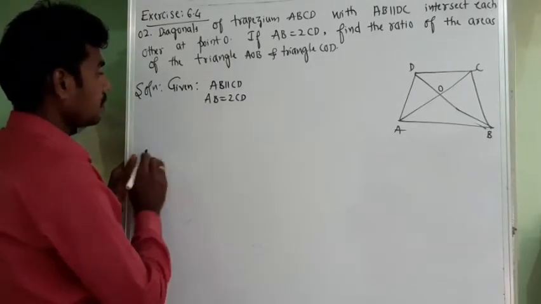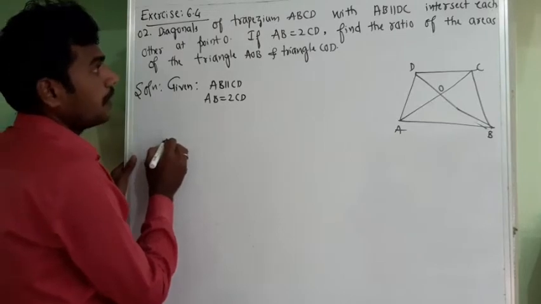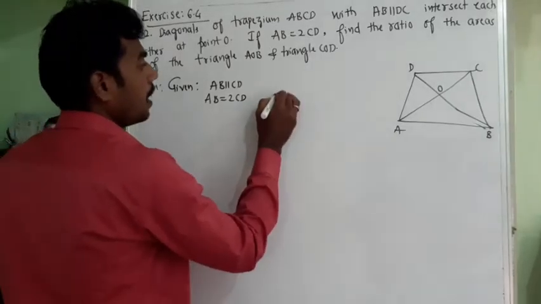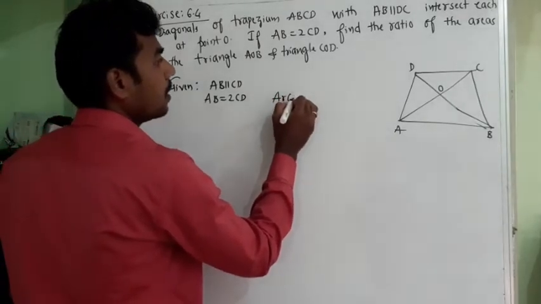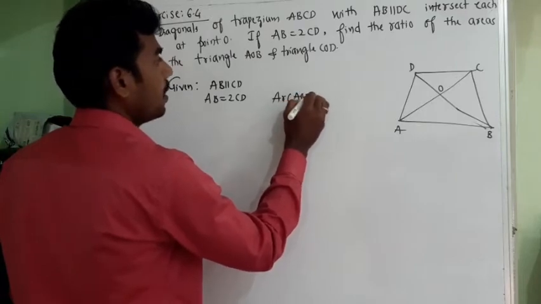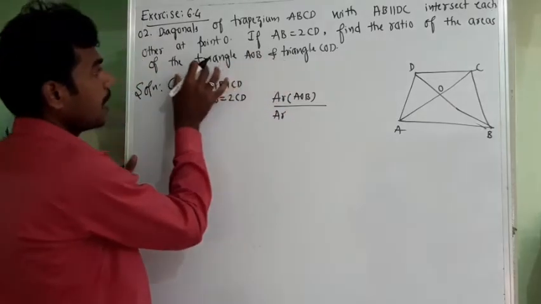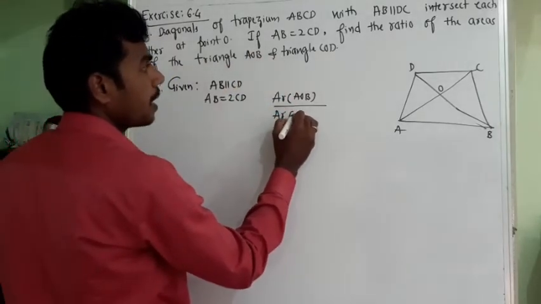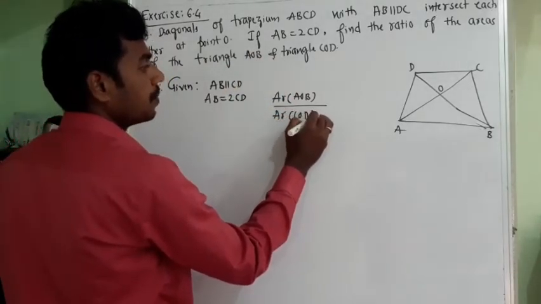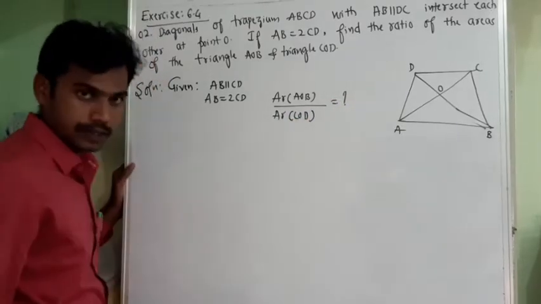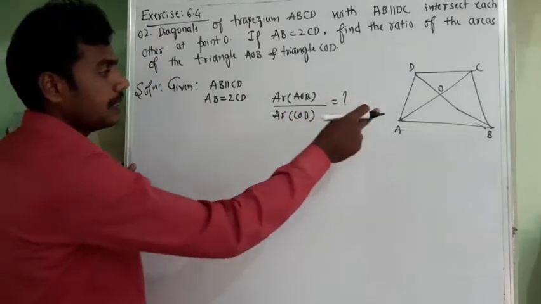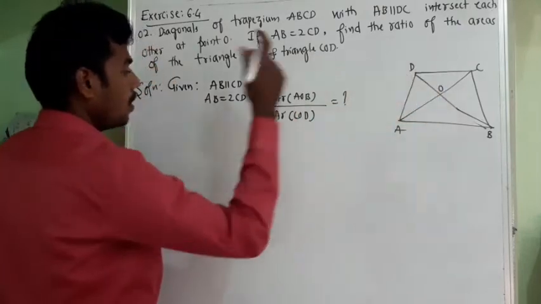Now what we need to calculate is the ratio: area of triangle AOB divided by area of triangle COD is equal to what? That is the question. For that we need to consider these two triangles AOB and COD.